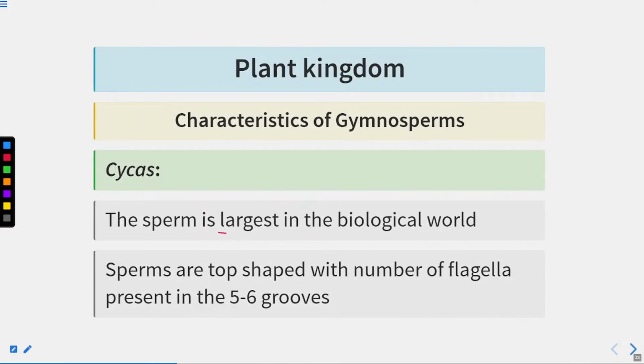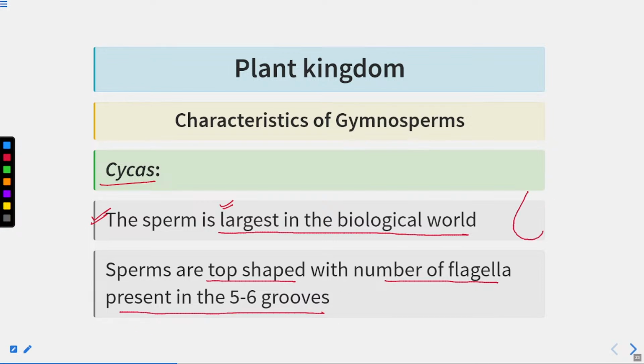The sperm is the largest in the biological world. Cycas sperms are the largest, and the sperms are top shaped with a number of flagella present in 5 to 6 grooves.